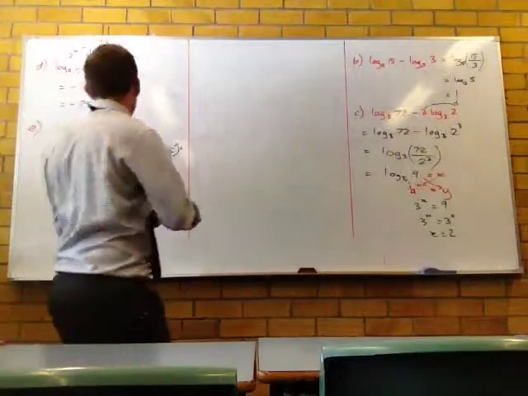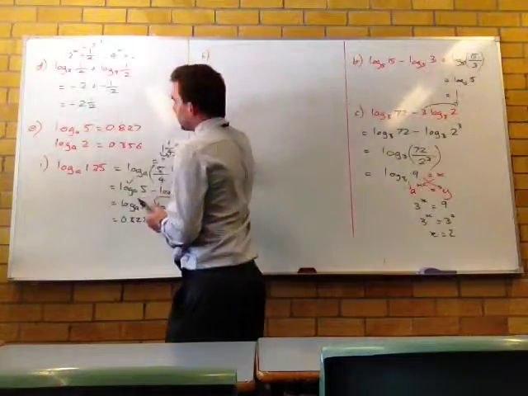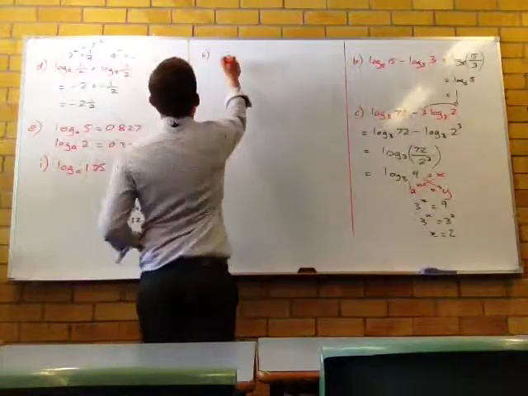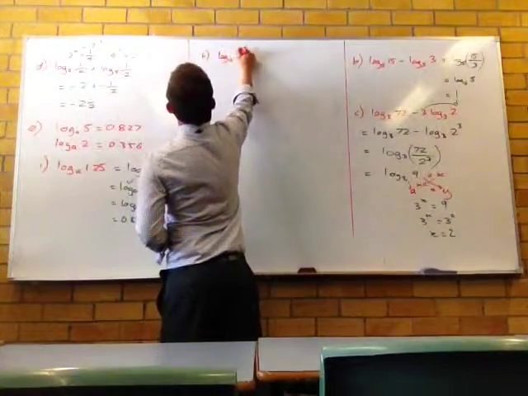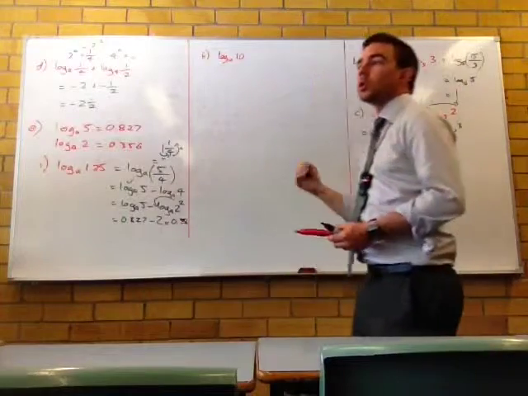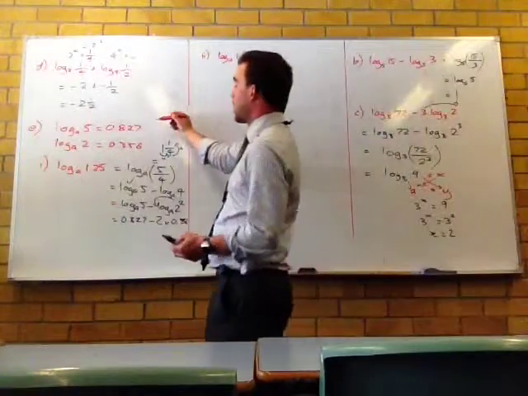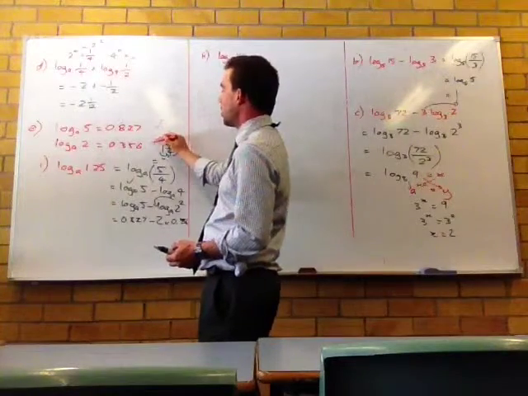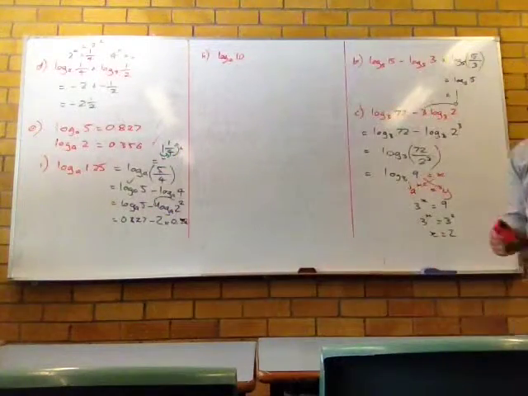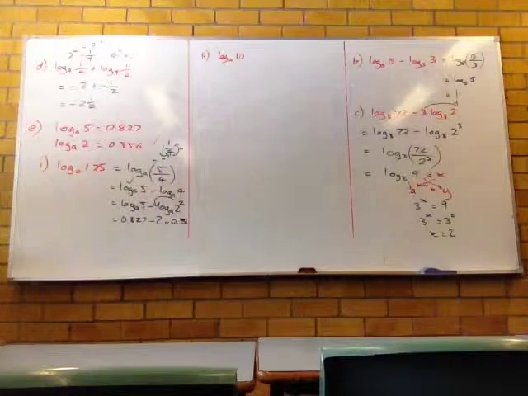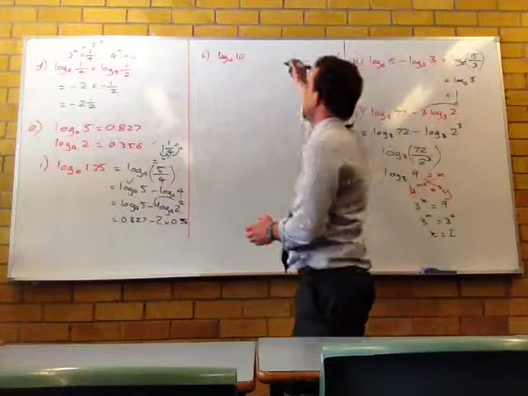Right, part double I. Log base a of 10. So, what can I do with log base a of 10 so that I can use a combination of either or both of what I've been told? 5 times 2, isn't it? 10 is 5 times 2.